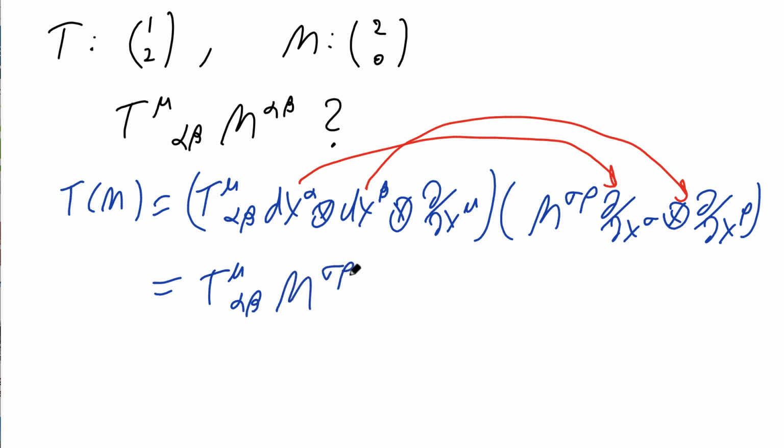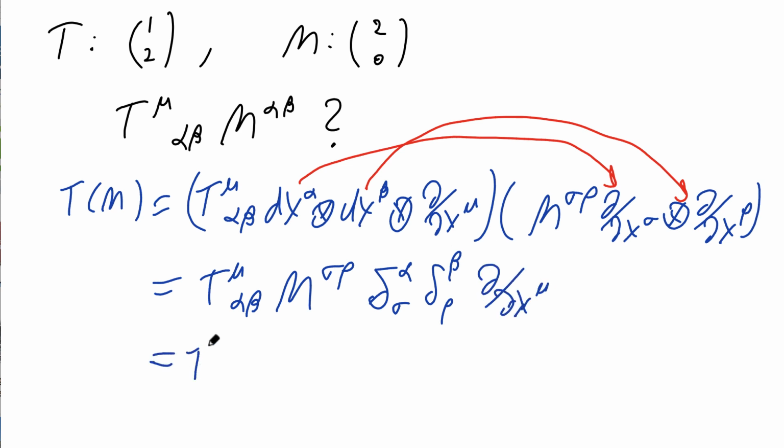M^{σρ}. dx^α acting on ∂/∂x^σ gives Kronecker delta δ^α_σ. dx^β acting on ∂/∂x^ρ gives δ^β_ρ, and then we're left with this factor of ∂/∂x^μ.